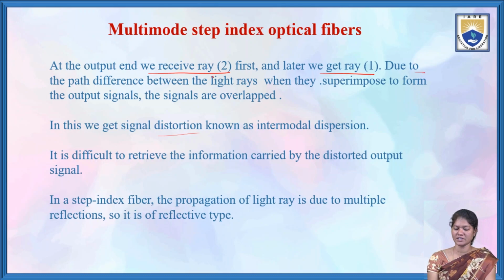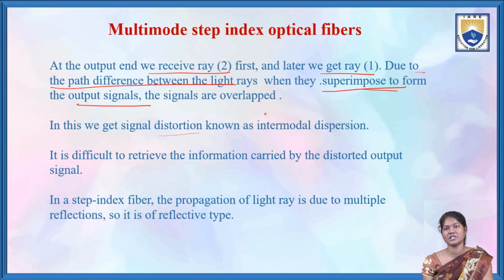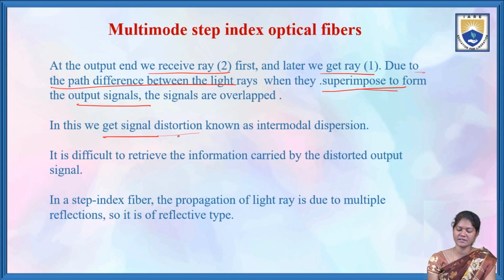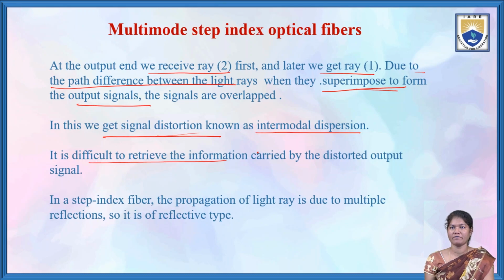Due to the path difference between the two light rays, when they superimpose to form the output signal, the two signals are overlapped, so we get signal distortion. This signal distortion happening in the optical fiber is called intermodal dispersion, so it is difficult to retrieve the information which is carried by the distorted output signal.